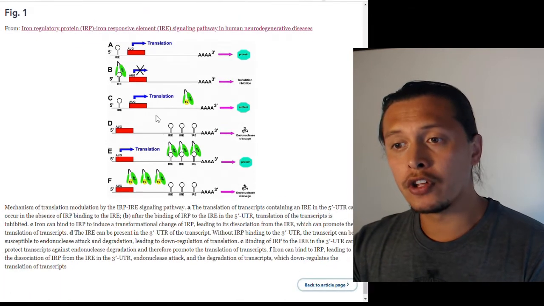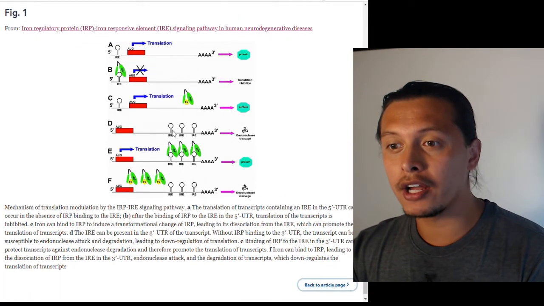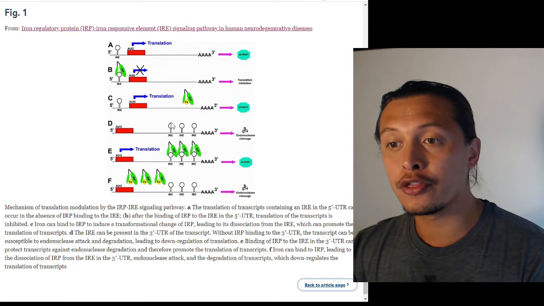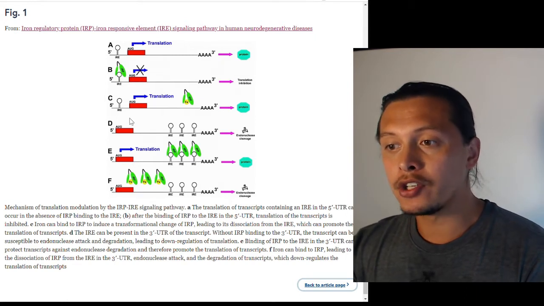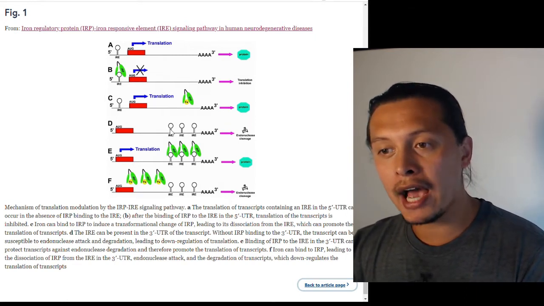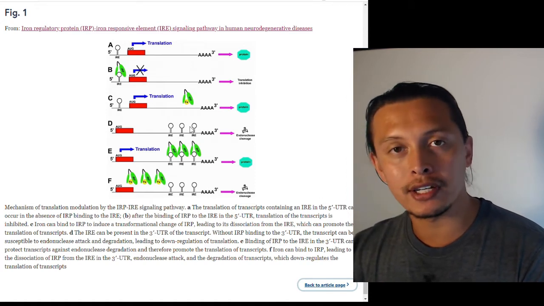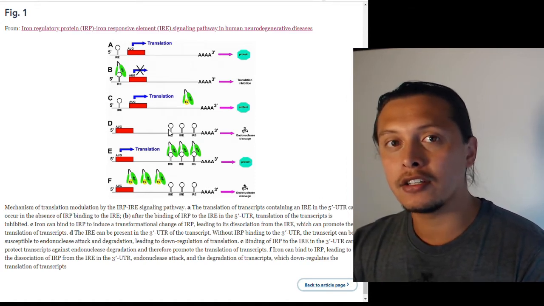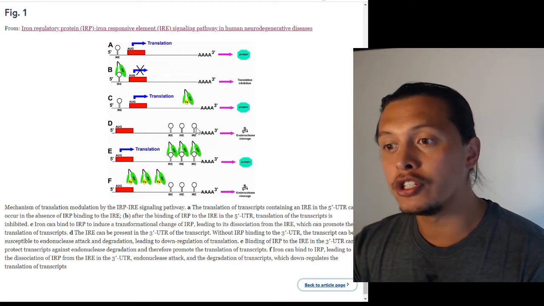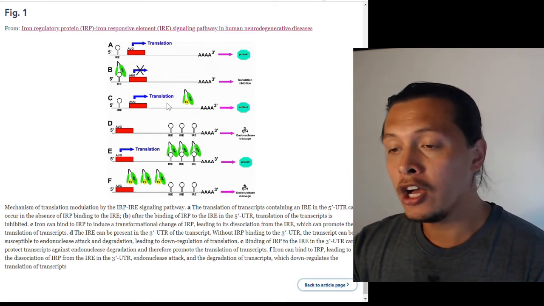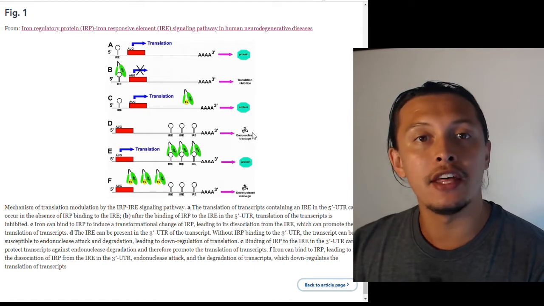Now, there are different mRNAs where it is in the 3' untranslated region. What happens is, if you have a lot of these secondary structures in the 3' untranslated region, that can signal to the cell to destroy this mRNA, and then you don't get any protein.